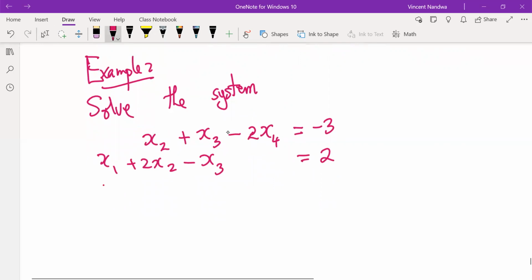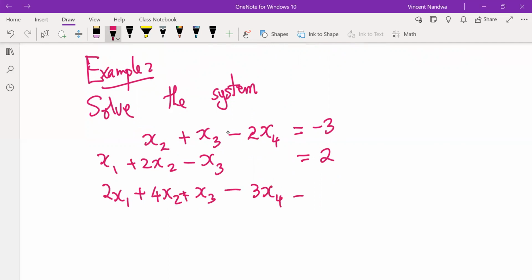Next equation is 2x1 plus 4x2 plus x3 minus 3x4 equals -2. And lastly, x1 minus 4x2 minus 7x3 minus x4 is given by -19.